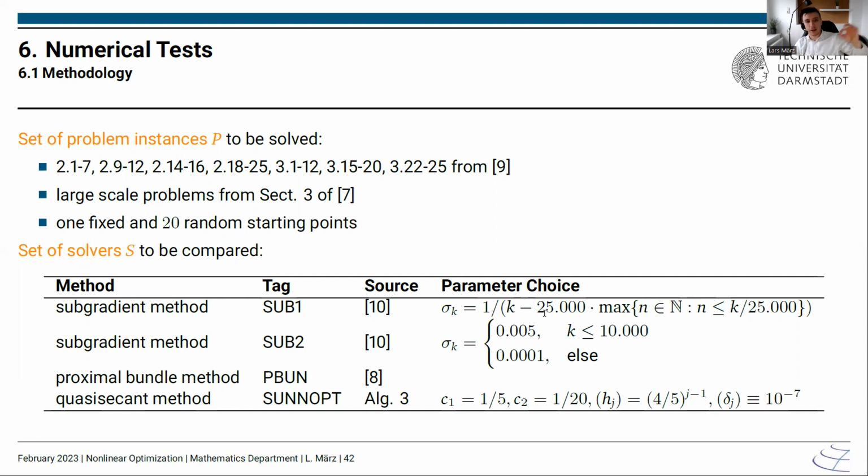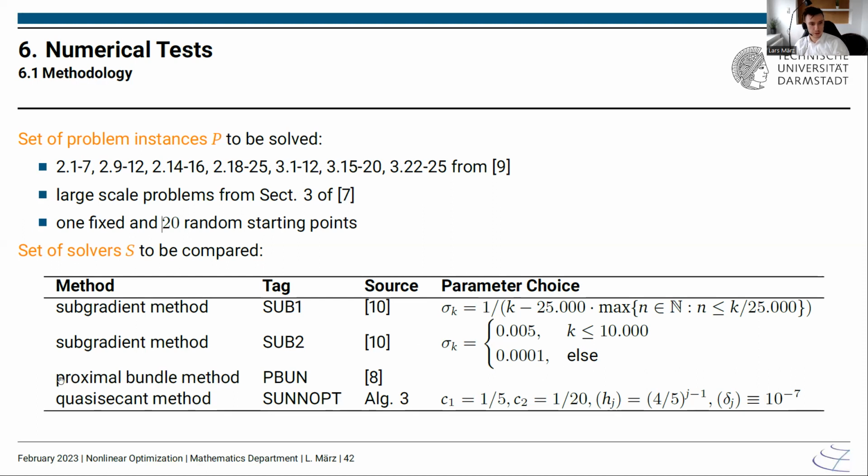So it's kind of a wavy step length formation. And the second version is more or less a constant step size variation. For the first 10,000 iterations, we have the step size of 0.005, and after that 0.0001.